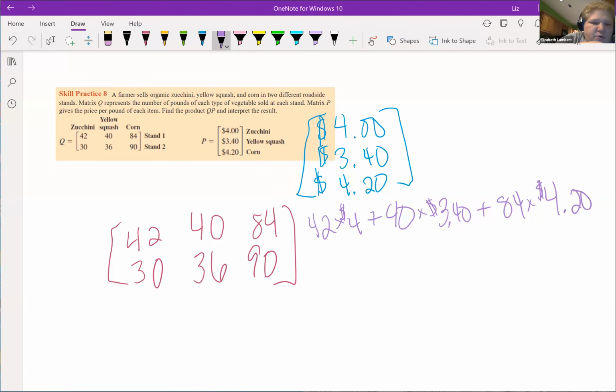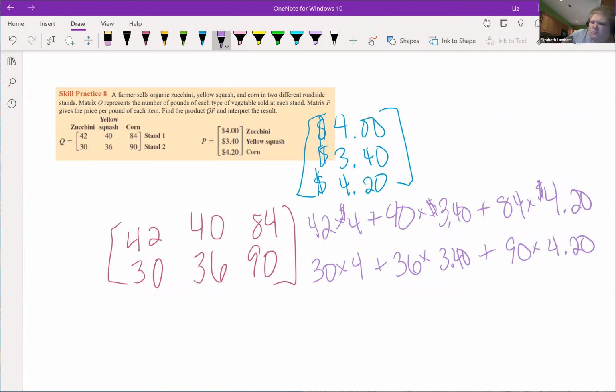What was the 42? Zucchini. And that 40 is our yellow squash times the price of yellow squash. Our 84 was corn times the price of corn. All right, let me go ahead and write the other row. So 30 times 4 plus 36 times 3.4, plus 90 times 4.20.